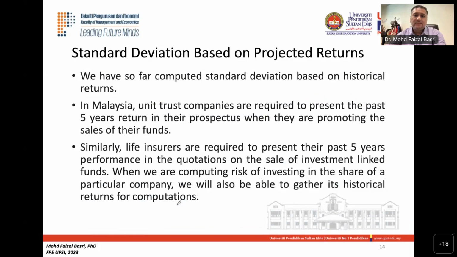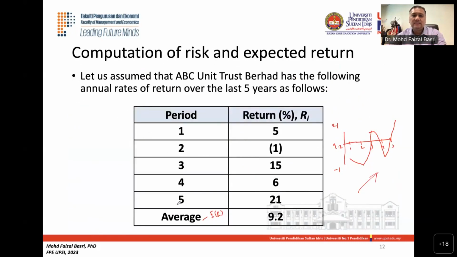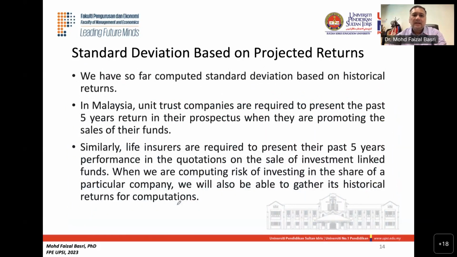So we have so far computed standard deviation based on the historical returns, just like example number 3 just now. Here we go, number 3. And in Malaysia, unit trust companies are required to present the past 5-year returns in their prospectus, and they are promoting. As you all know, a prospectus is a document, like a brochure, whereby as an investment company you have to provide this information for your potential client.